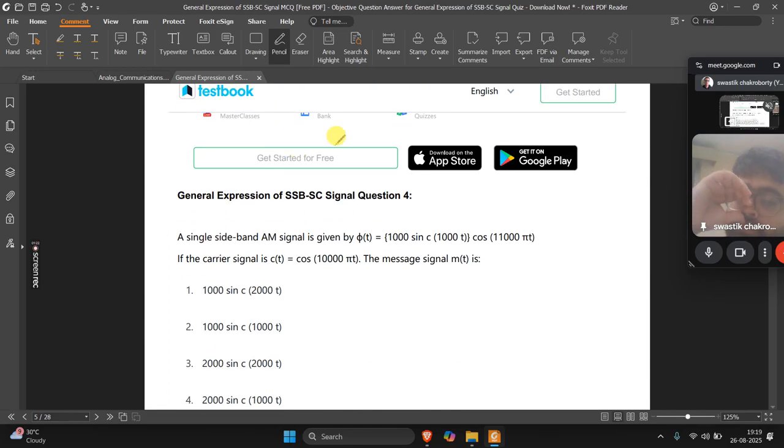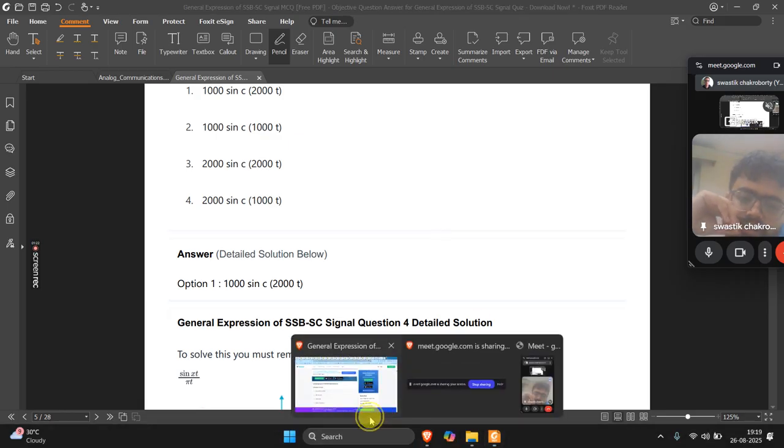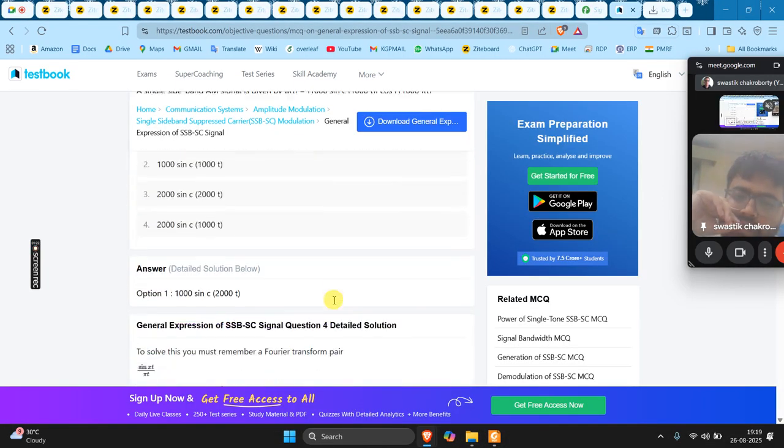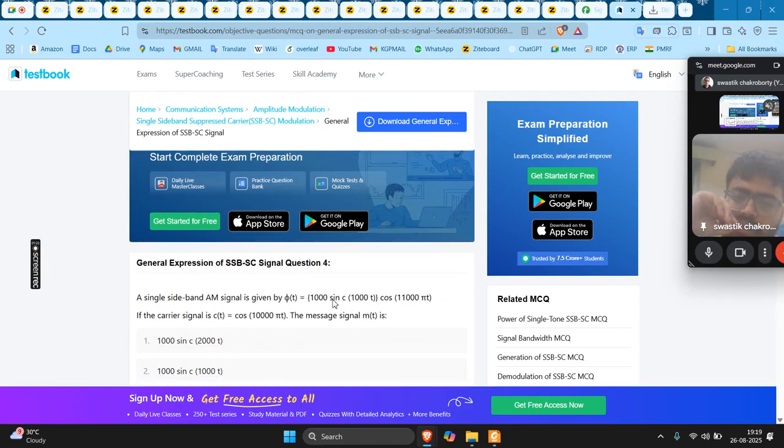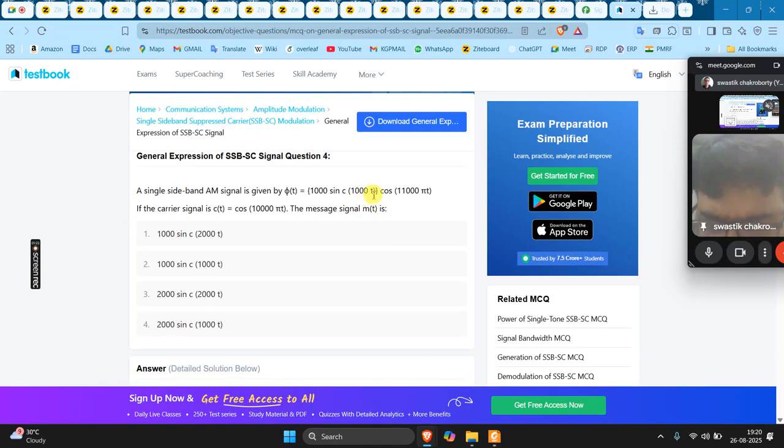Next, a single sideband AF signal is given by 1000 sin 1000 pi t cos 11,000 pi t. Okay, I think there is a typo in this question.